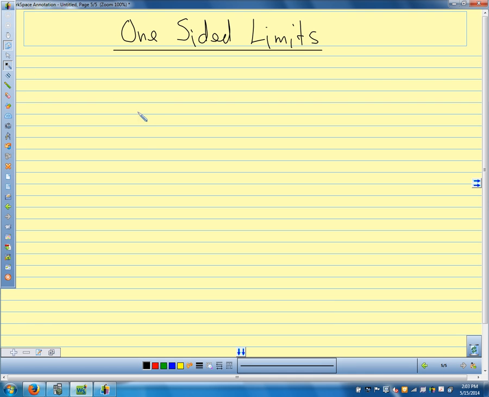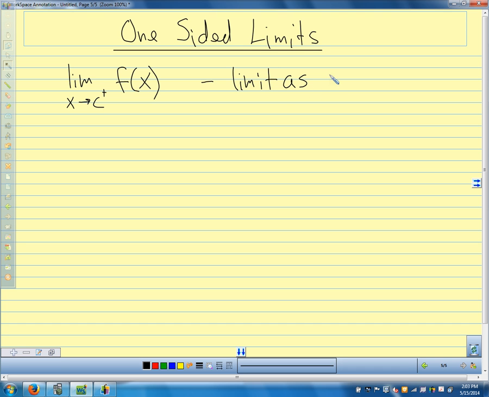So one-sided limits, we're going to say our terminology, our symbols, limit as x approaches c, and I'm going to put a little positive sign there, of f of x. What this is, is the limit as x approaches c from the right.